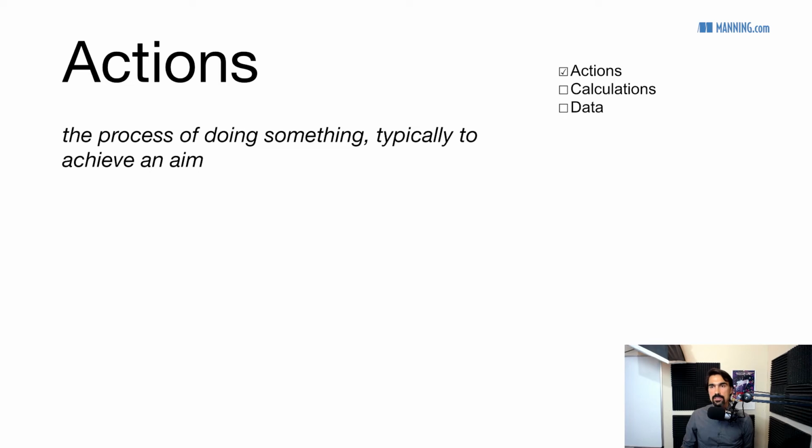So actions, if you look it up in the dictionary, one definition you might find is the process of doing something typically to achieve an aim. And I think that captures what actions are all about. They're trying to do something external. It's not just thinking about it, it's actually doing the thing.